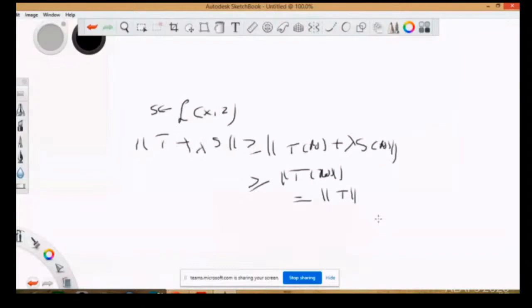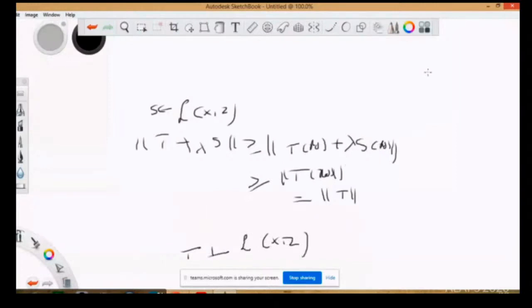But I know that T(x naught) is orthogonal to Z, and since S is an operator from X to Z, S(x naught) belongs to Z. So by the hypothesis of pointwise orthogonality at the vector level, this is bigger than or equal to the norm of T(x naught), and of course the norm of T(x naught) we said is the norm of T.